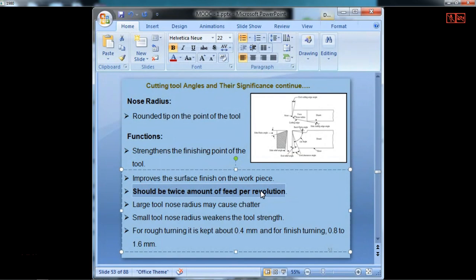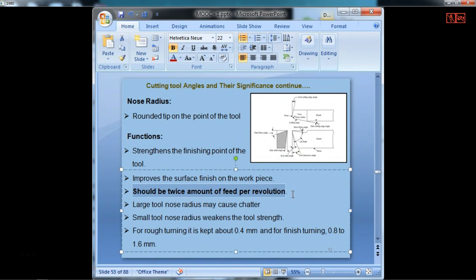I'll show you maybe later how you can drill a hole in human hair, about 30 or 50 micrometers in diameter. When you have that kind of technology, the nose radius becomes very important. So the nose radius should be twice the amount of the feed you can give. Thus feed and nose radius become important.